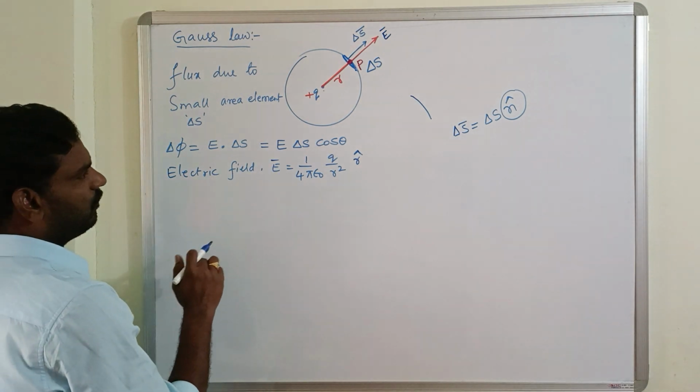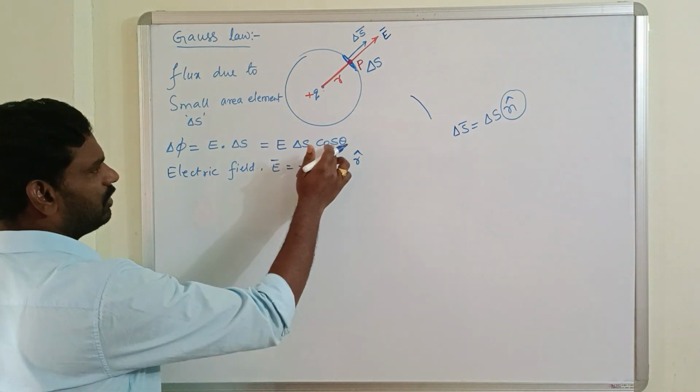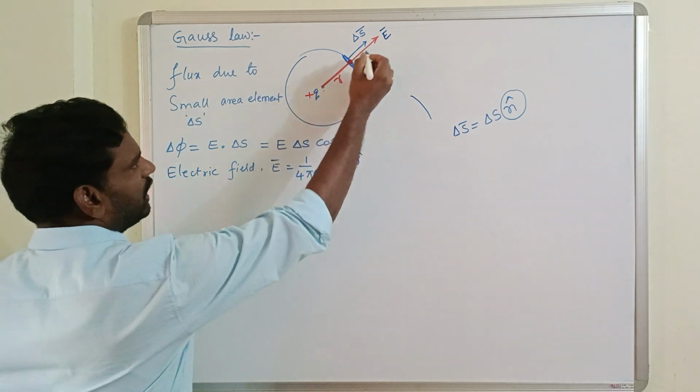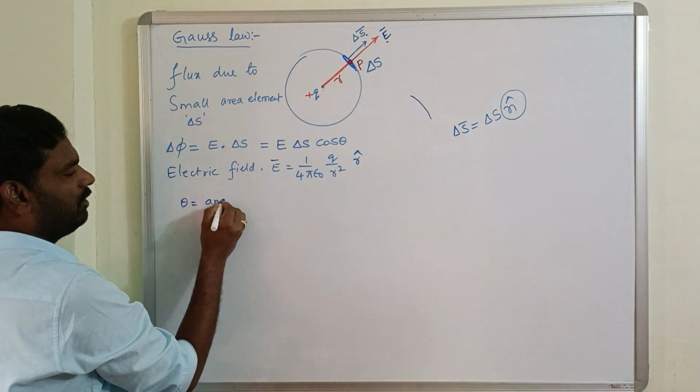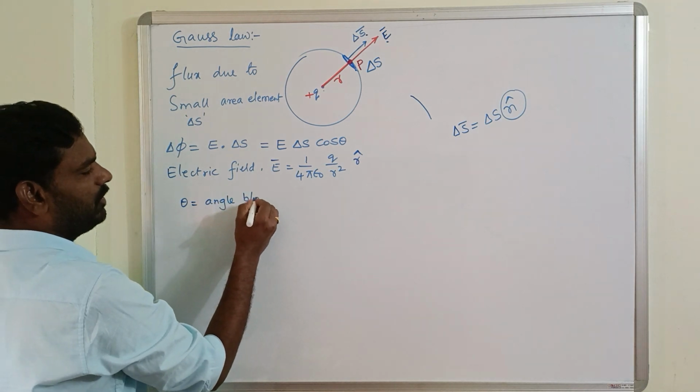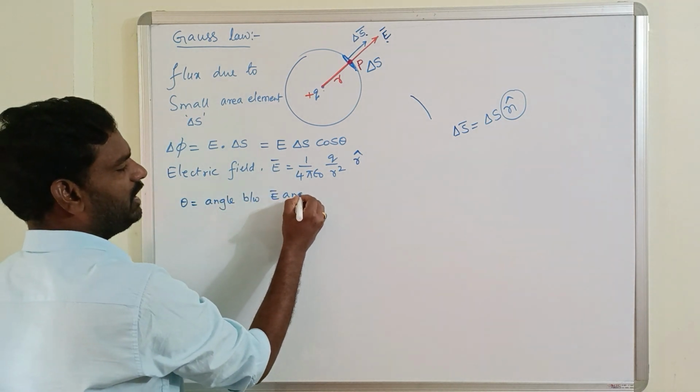This is the electric field, and theta is the angle between the electric field and the area vector.